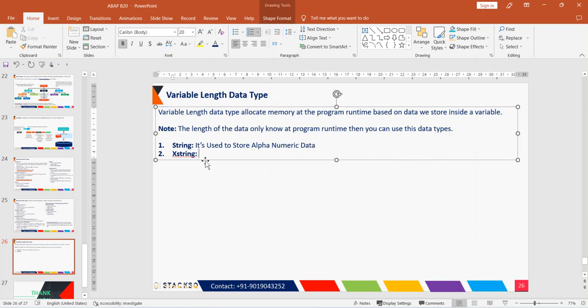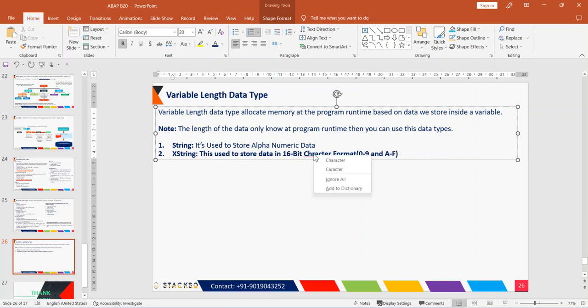Okay, so this one is used to store data in 16-bit character format. That means, we have seen in the last class, 0 to 9 and A to F. So that is the only difference.